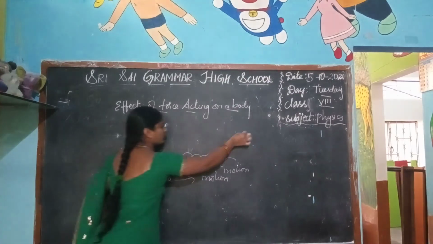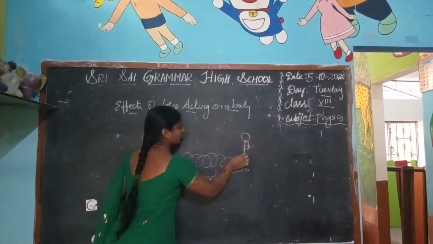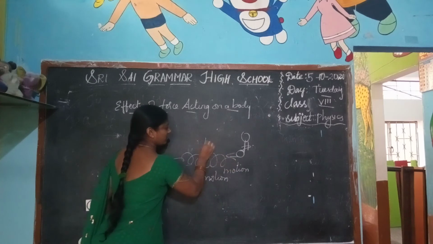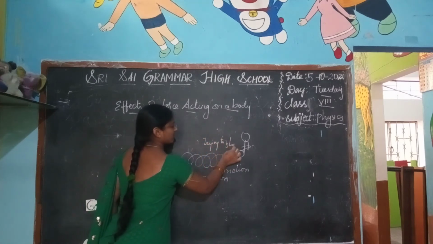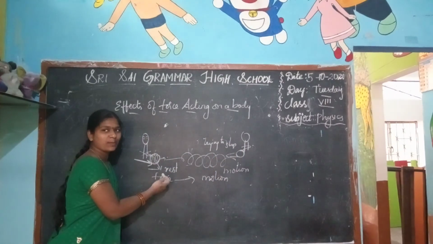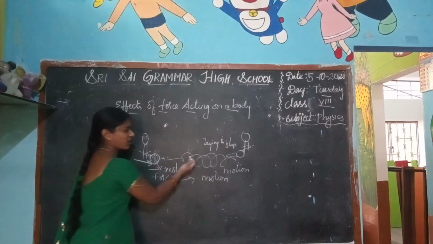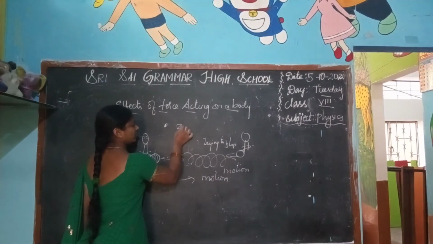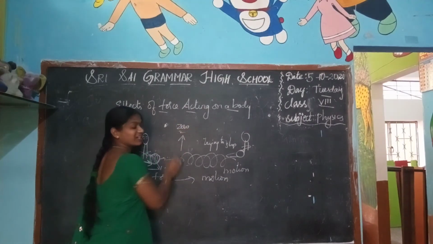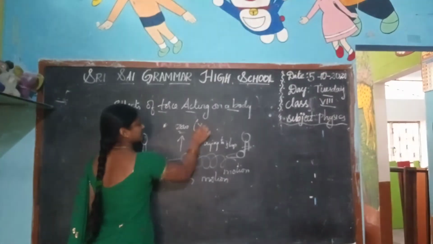So when another boy comes and tries to stop it, the net force on the body becomes zero. When it becomes zero, the body is at rest.